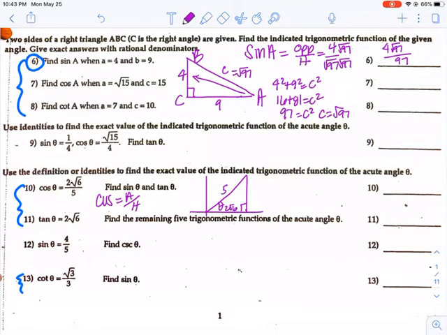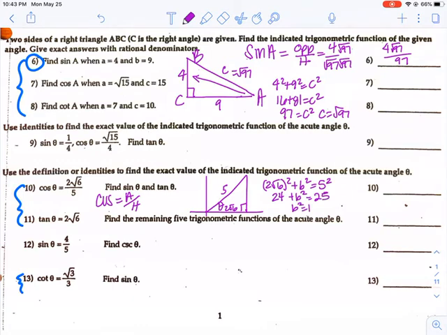If I want to find the sine and the tangent, we have to find that missing third side. So we're going to do Pythagorean theorem again. This time you have 2 rad 6 squared plus b squared equals 5 squared. So 2 rad 6 squared is 6 times 4, or 24, plus b squared equals 25.